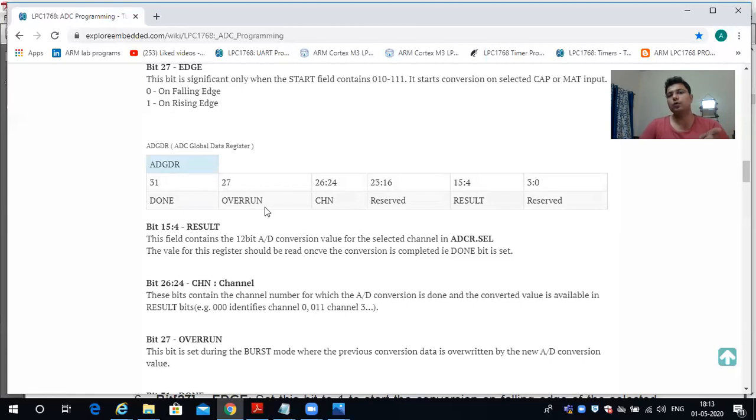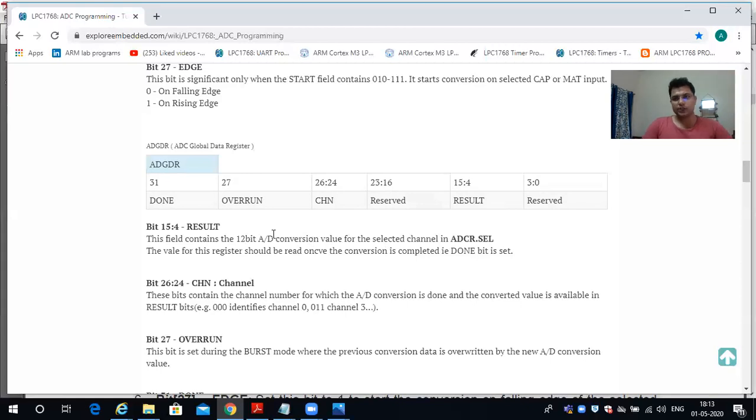In that situation, the overrun bit would be 1, and that only happens during the burst mode, because in software control mode there is only one channel, and we are converting it only once. We are not even repeating it. There is no point of repeating that conversion. So there is no chance of overwriting it. Only in the burst mode is overwriting possible, and that too if the value written in the previous cycle was not read by anyone. In that situation, the overrun bit would be 1.